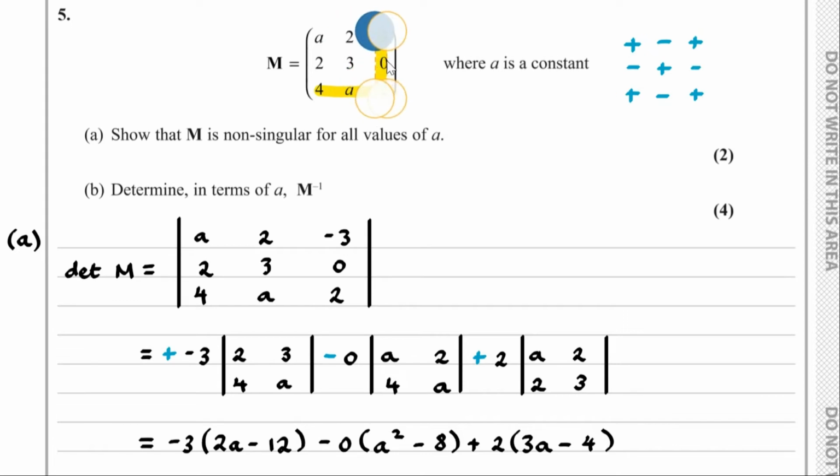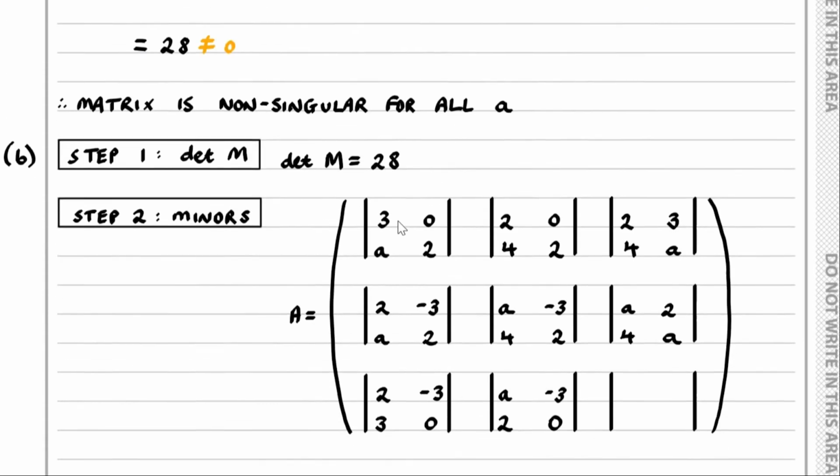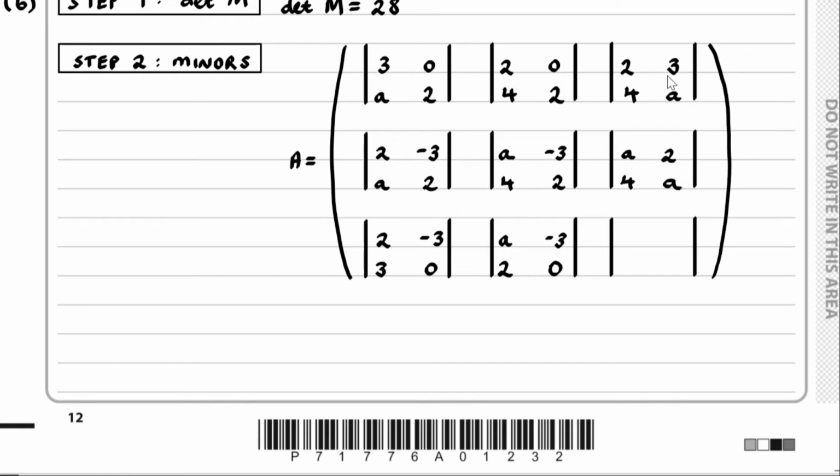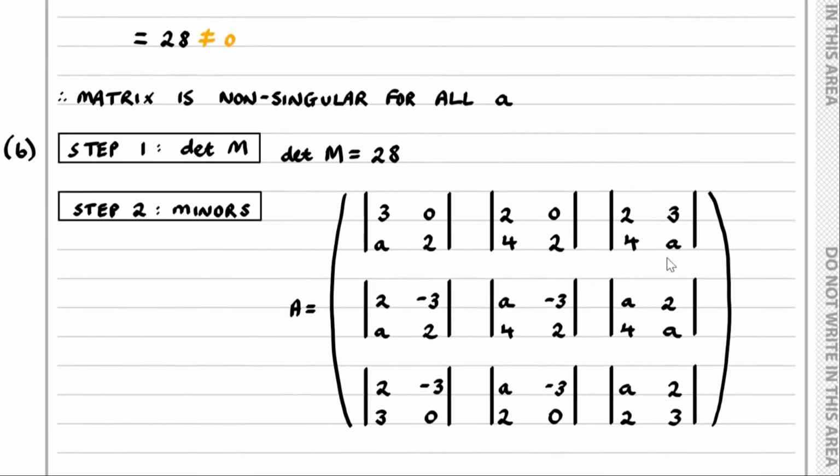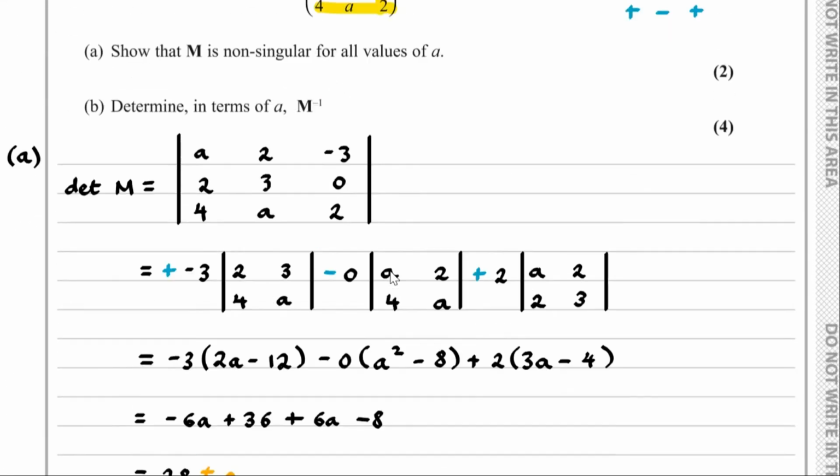And then I've got A2, 2, 3 for the final one. So that's what the matrix of the minus is.